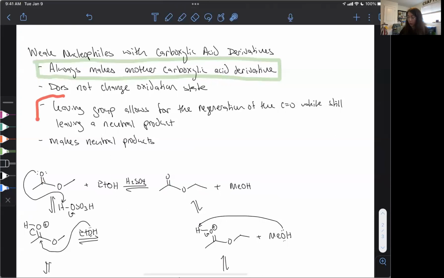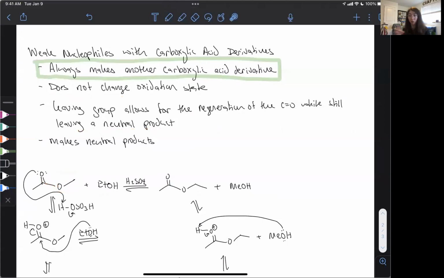The really important reason that's the case is that we have a leaving group present. All the carboxylic acid derivatives have a built-in leaving group because they already have some sort of bond to an electronegative atom, which can act as your leaving group.